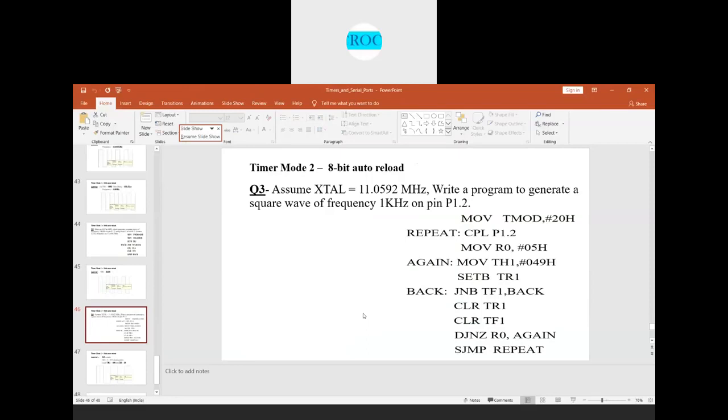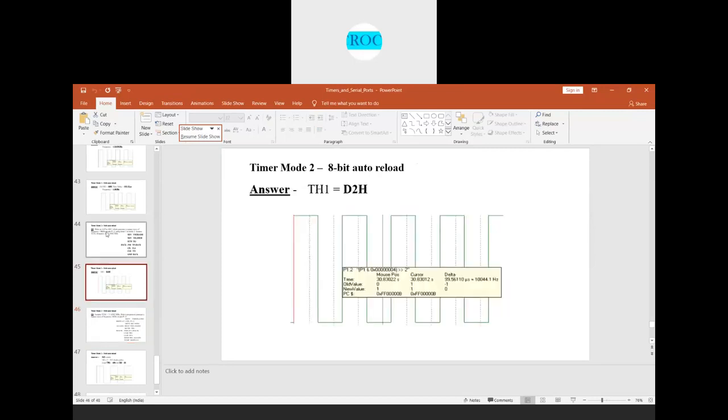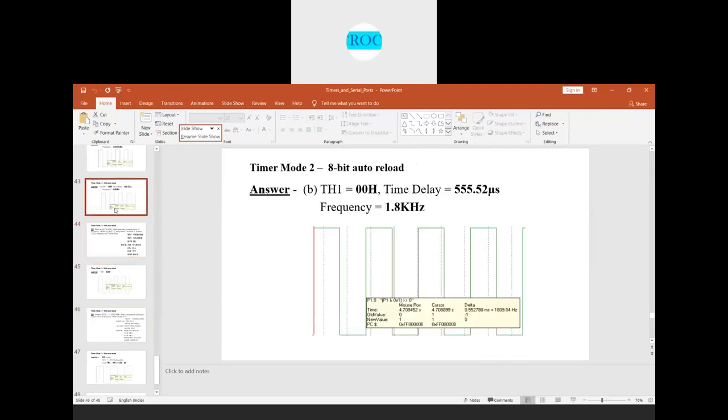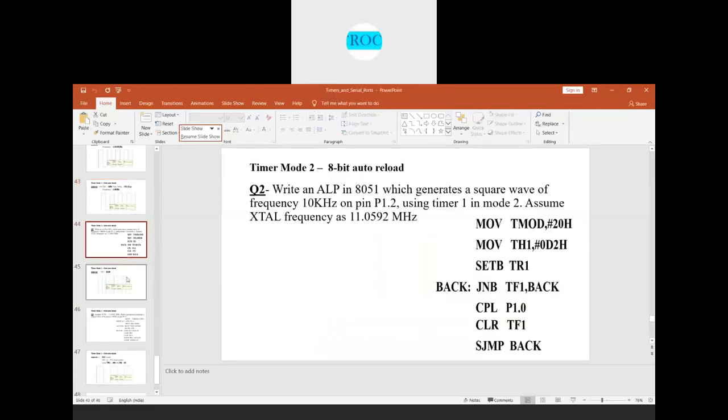Now if you see the example we had, the crystal frequency we selected was 11.0592. For that crystal frequency, the minimum frequency we can generate was 1.8 kilohertz.